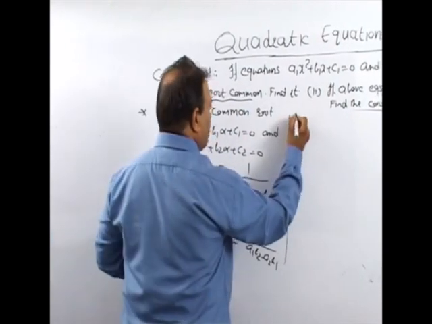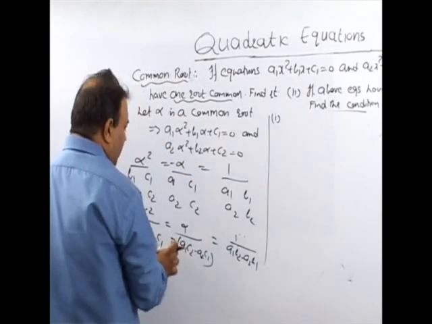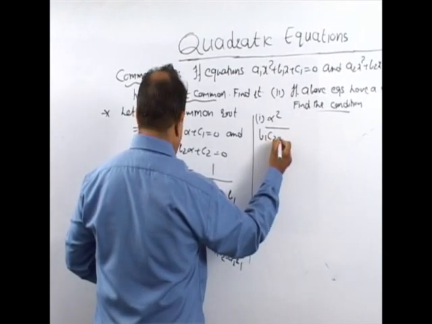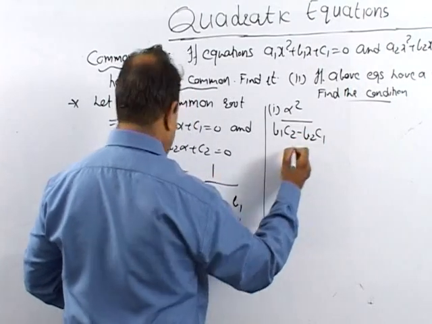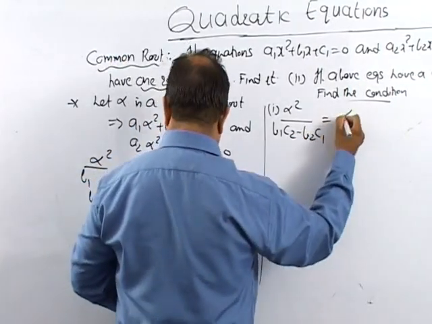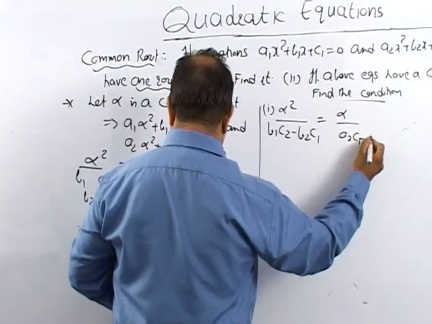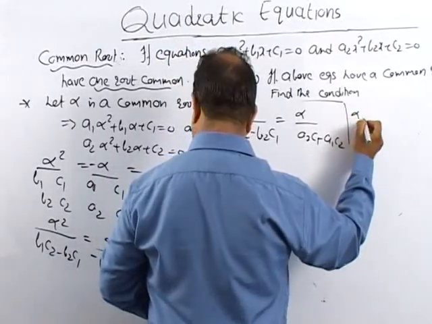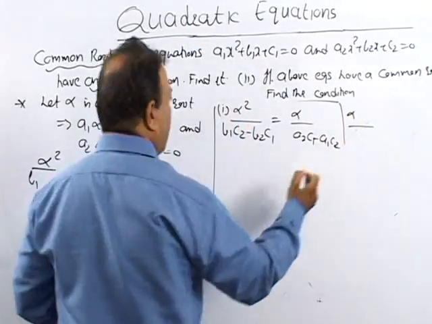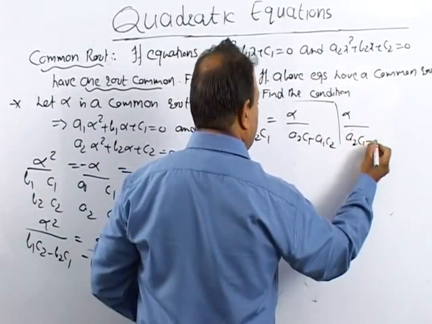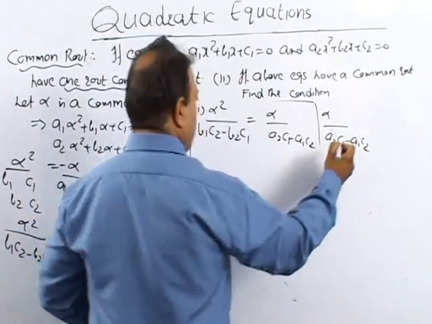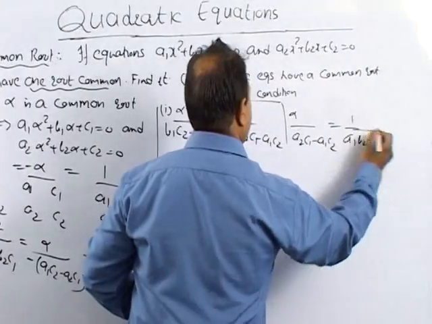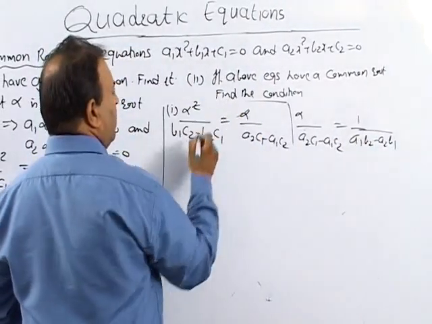First I'll take alpha square upon b1 c2 minus b2 c1 is equal to alpha upon a2 c1 minus a1 c2, and second and third, alpha upon a2 c1 minus a1 c2 is equal to 1 upon a1 b2 minus a2 b1. Now this alpha and alpha will be cancelled out.